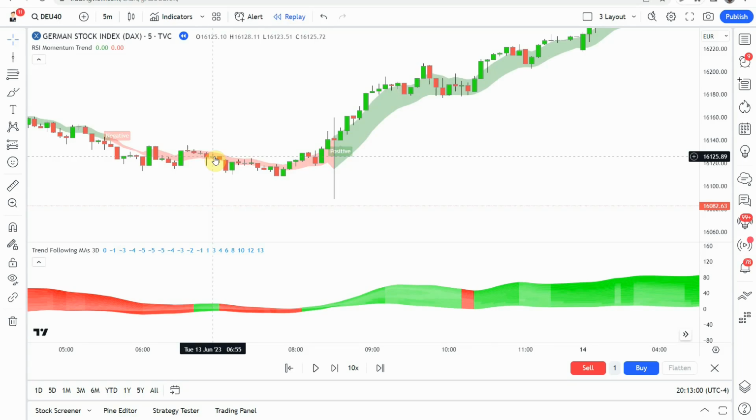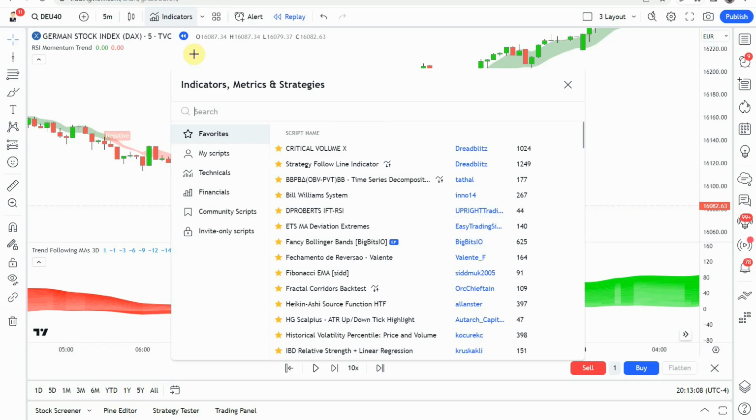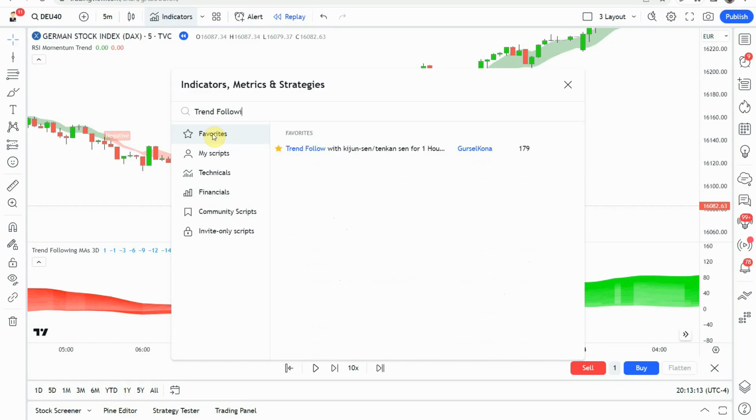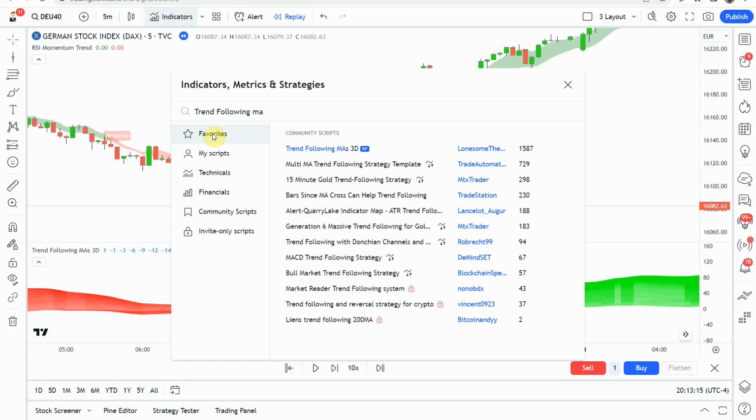Let's go ahead and take a look at the indicators here. The first indicator that we are going to put on screen is the trend following MAs 3D by Lonesome.